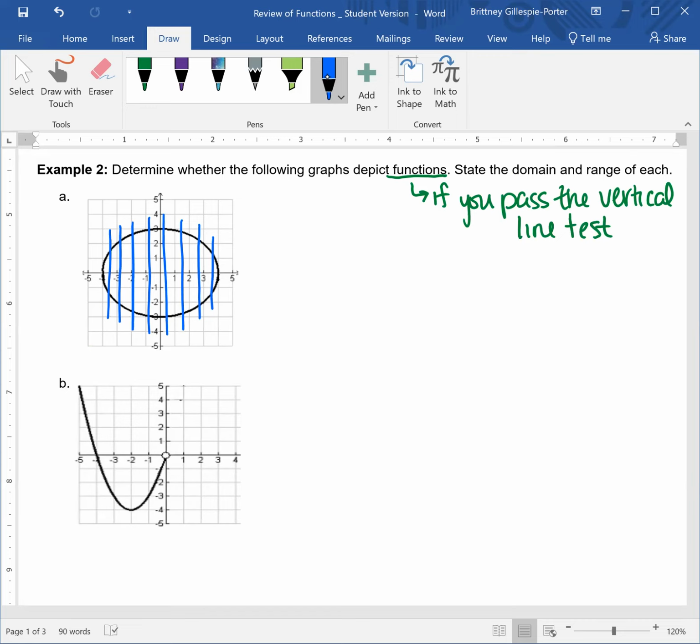Here, because I can draw several vertical lines where I am touching the graph in more than one place at a time, this guy is not a function. He failed the vertical line test miserably.